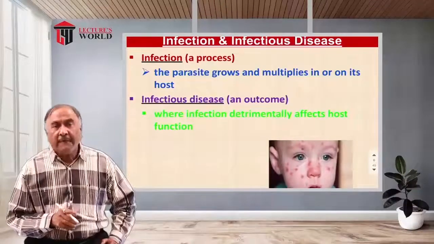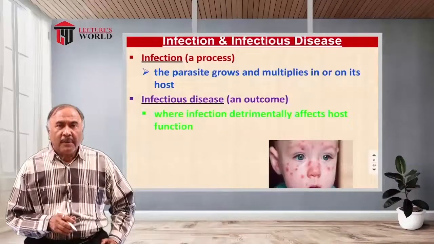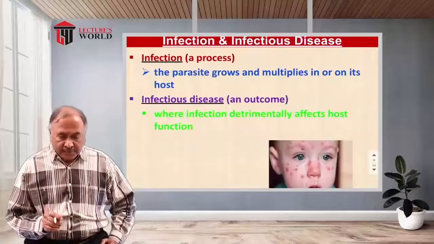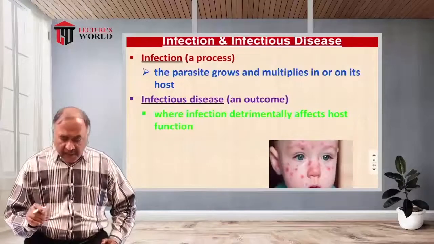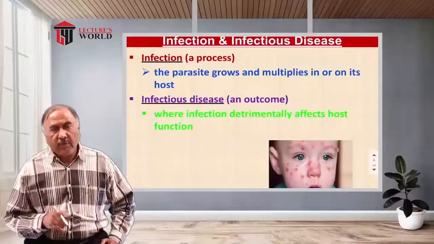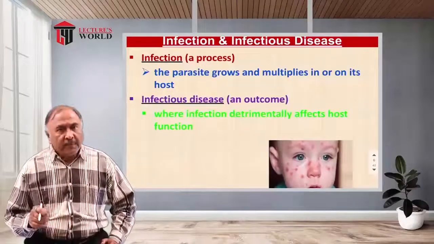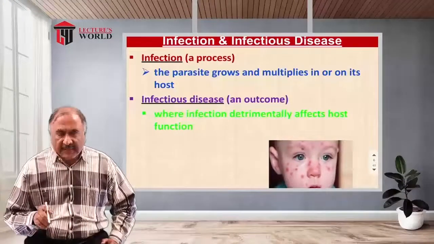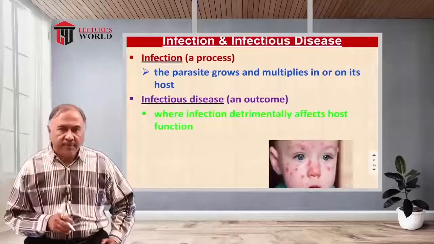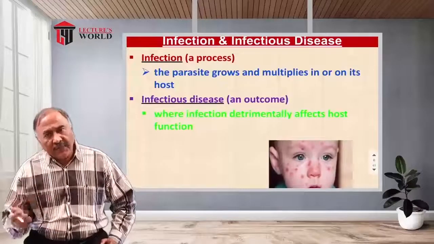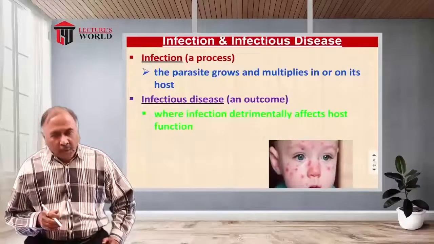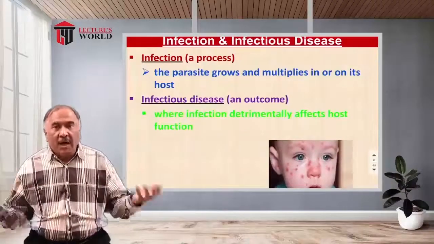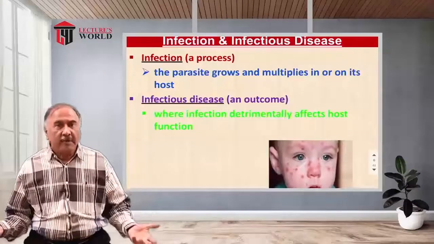However, there is a difference between the two. Infection is basically a process. And what is that process? It is a process where the organism grows and multiplies in the host, either on the surface or inside the body. So you can say we all are infected at any given point of time.